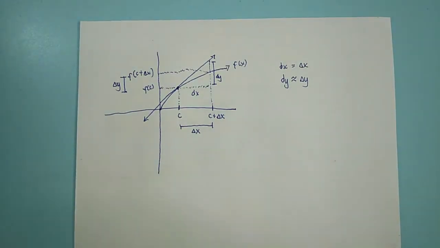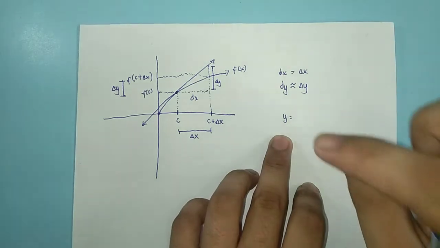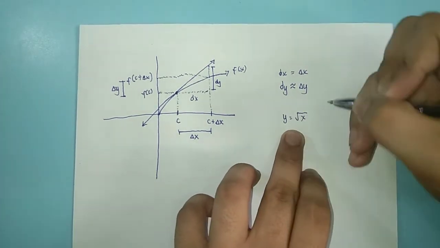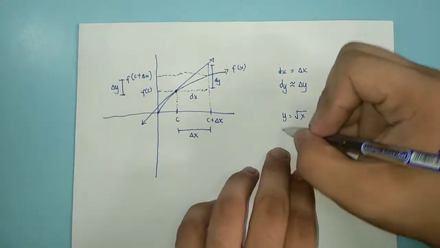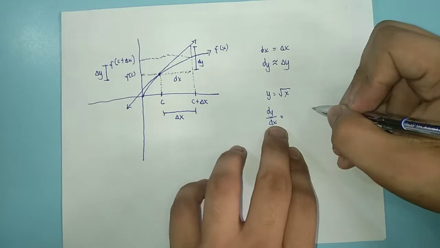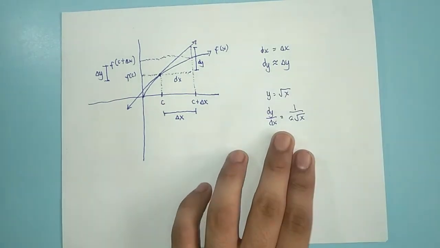So for example, kung kukunin natin yung derivative, let's say meron tayong function na y equals square root of x. So kapag kinuha natin yung derivative niyan, that is dy over dx, that is 1 over 2 square root of x.